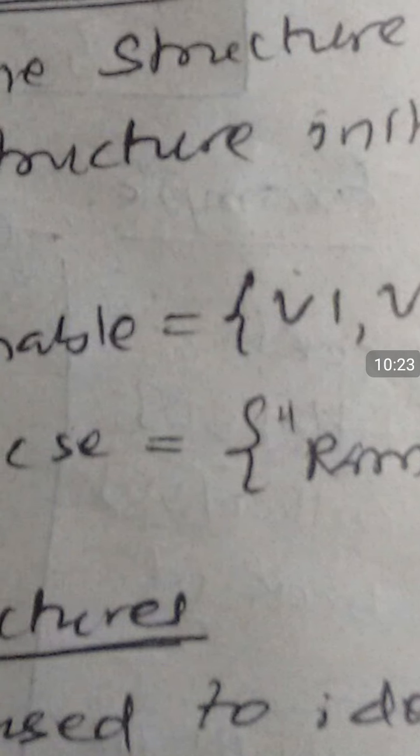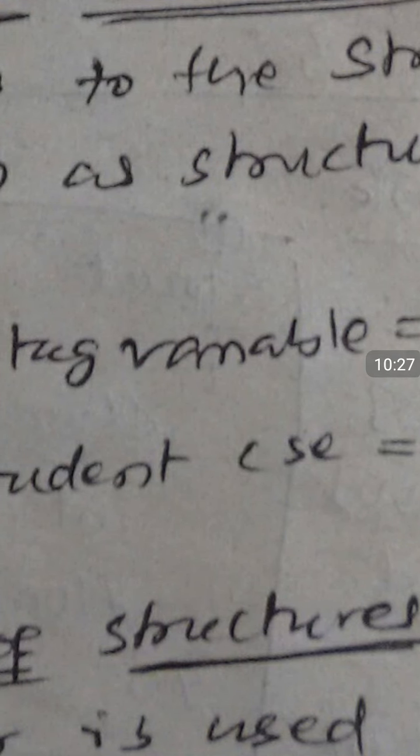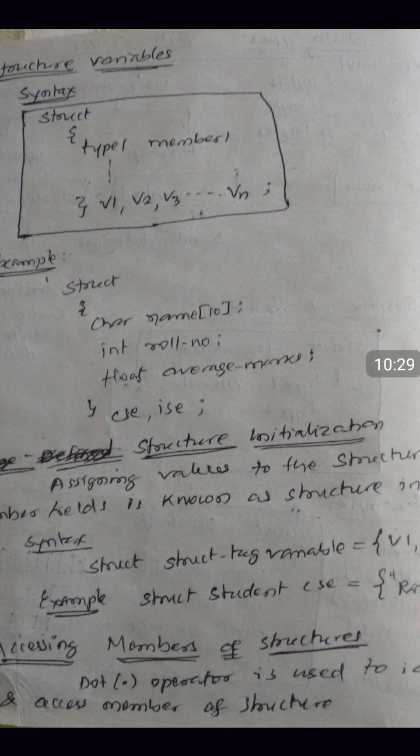So we initialize the values to the variable CSC, which is of the data type student. In this structure we have a name, a roll number, and average marks, which are three different data types.